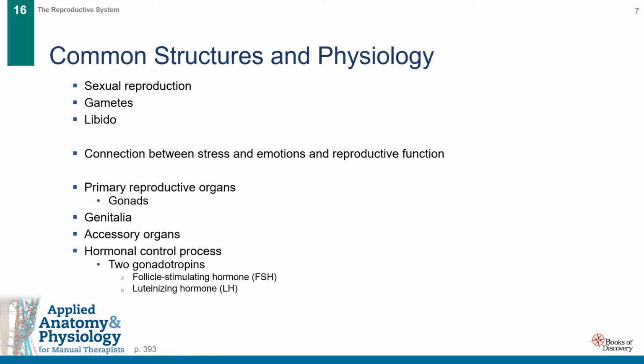In turn, these hormones stimulate the gonads to produce gametes and sex hormones. Interestingly, even though the same gonadotropins are released in both males and females, their name describes their function within the female reproductive system only.